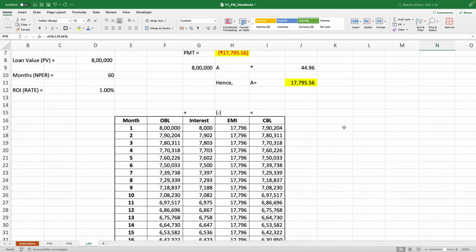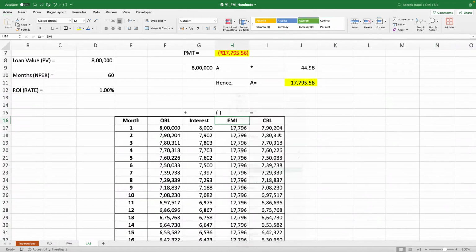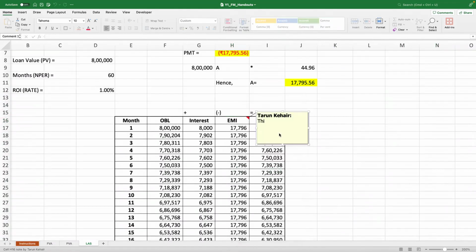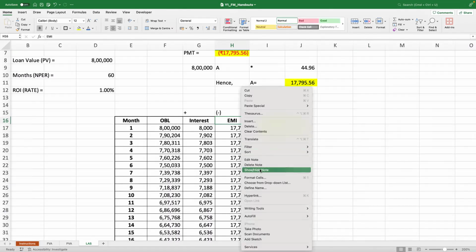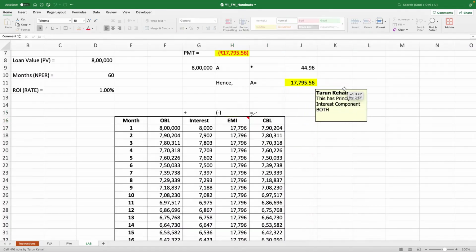Now, we will do one more part to this. This EMI is a split of what? This EMI constitutes principal plus interest. So how will I break this up? Total EMI minus interest.